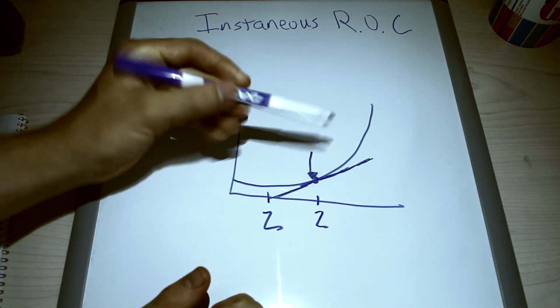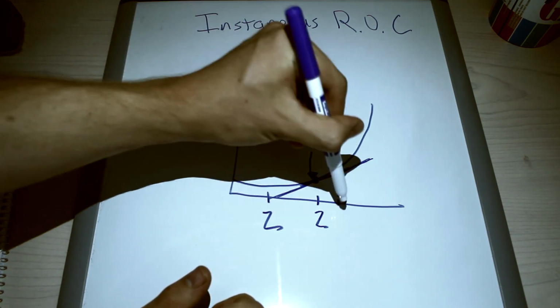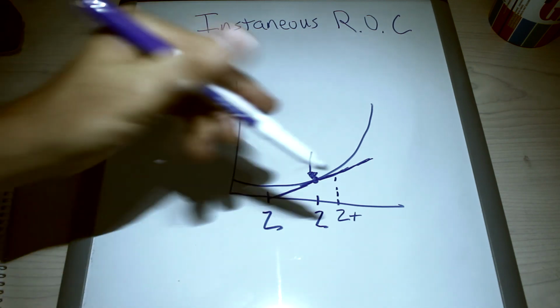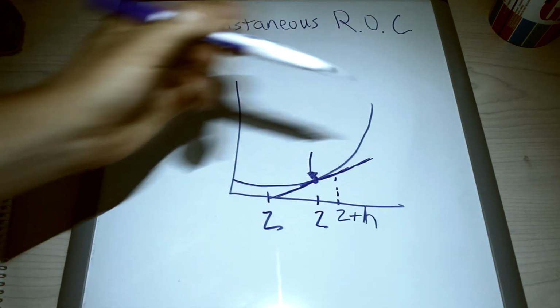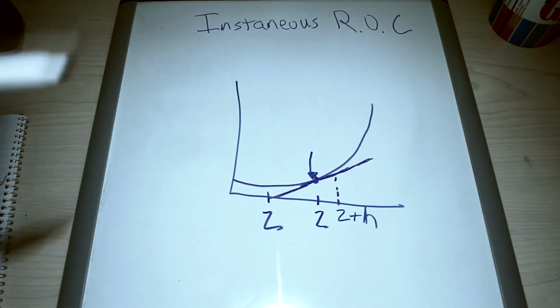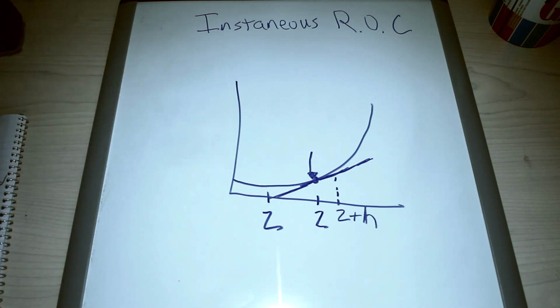Basically what we do is, if you conceptualize this, you can have another point of 2 plus some unknown distance h. So now we have 2 plus h, and that will be our second point.